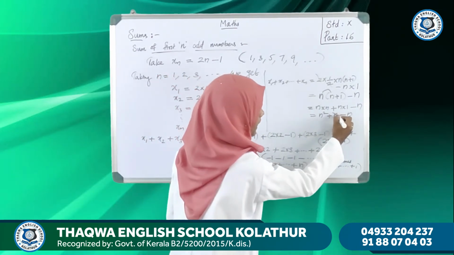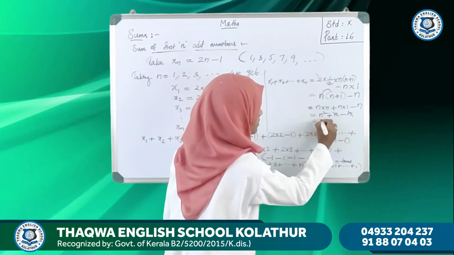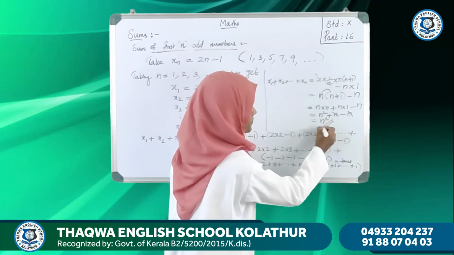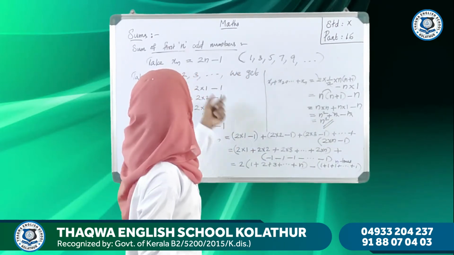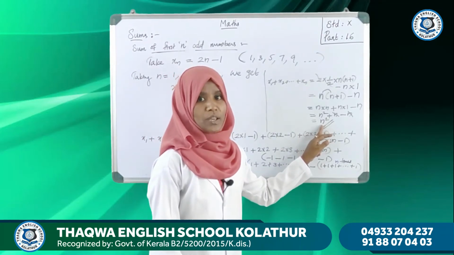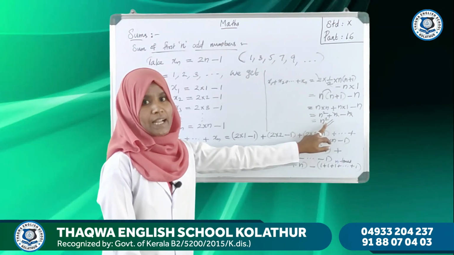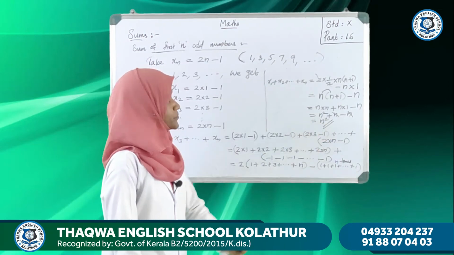Let us cancel n and minus n. So we get n square. That is, the sum of first n odd numbers is n square.